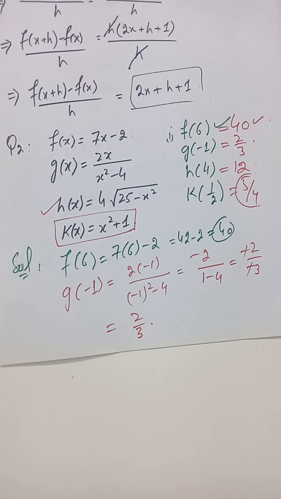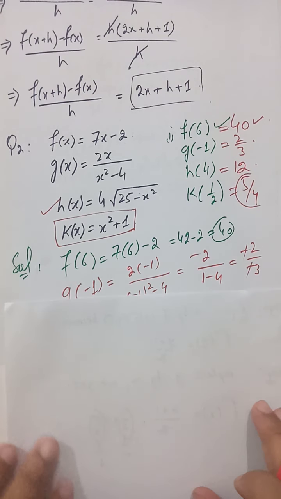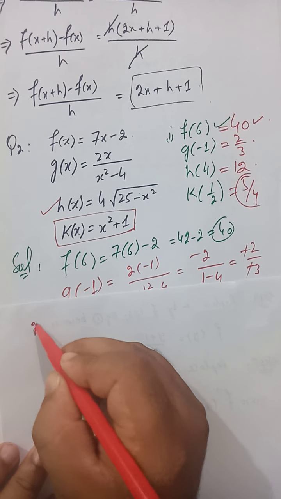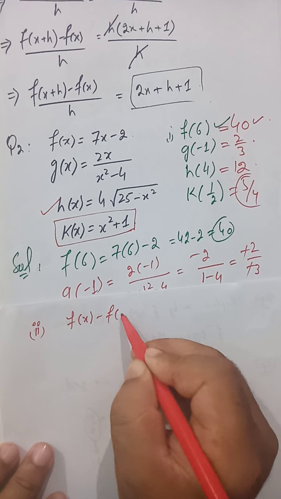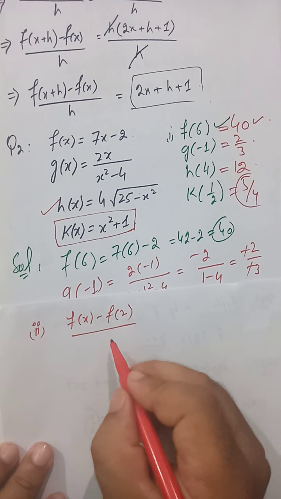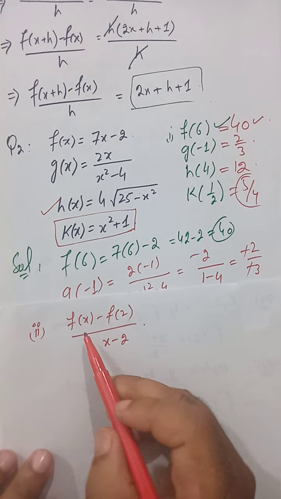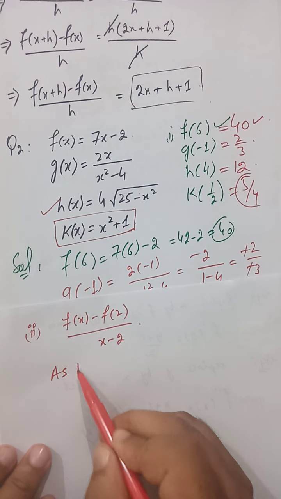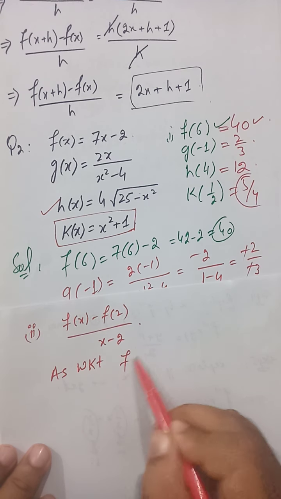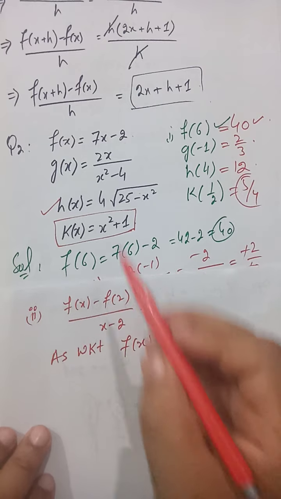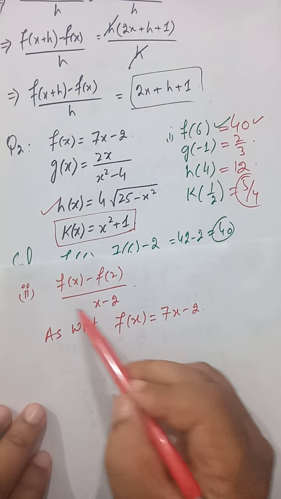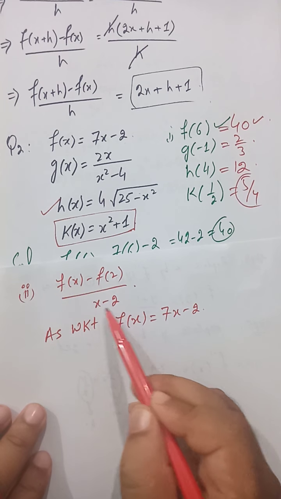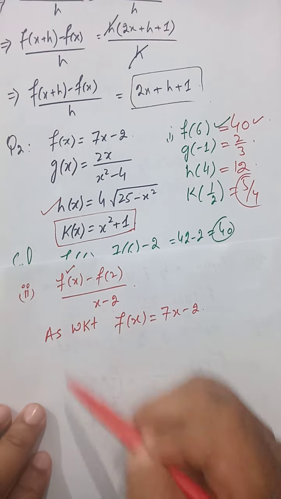Now part number 2 of question number 2. In part number 2 of question 2, you need to calculate f of x minus f of 2 divided by x minus 2. As we know, f of x in question 2 is 7x minus 2. When you calculate f of x minus f of 2 divided by x minus 2, this f of x is given.